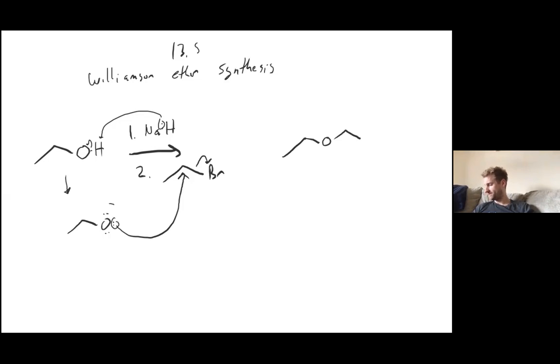Okay, some different ways to generate ethers. Besides this, we can use a reaction that we learned in chapter 8. So if we take mercury acetate as well as a double bond here, so an alkene.